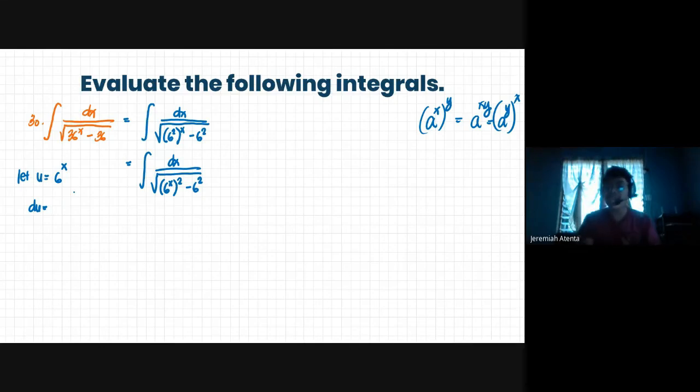Kindly look at your notes. What is the derivative of 6 to the power of x? This is just 6 to the power of x ln 6. Am I right? ln 6 dx. Or over ln 6. Nakalimutan ko siya, guys. Ano ba?